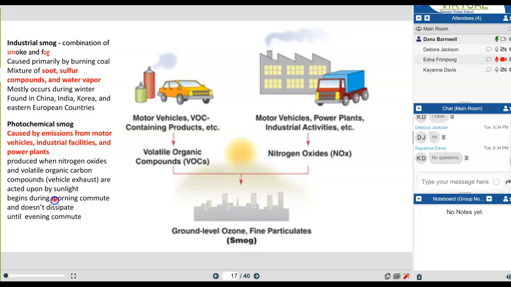And in the morning, the sun is coming up, and the UV light from the sun is going to break down the VOCs and the NOxes into the photochemical smog that we're going to refer to as our PANs and our tropospheric ozone.